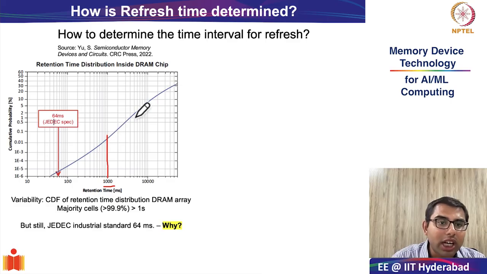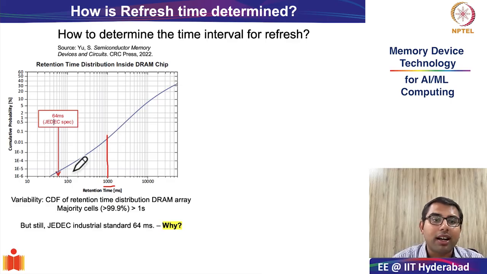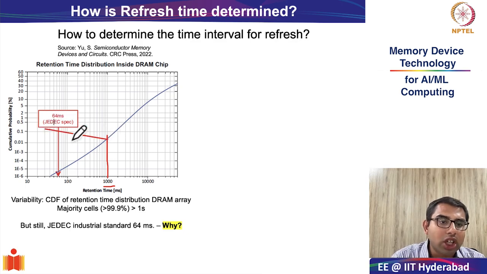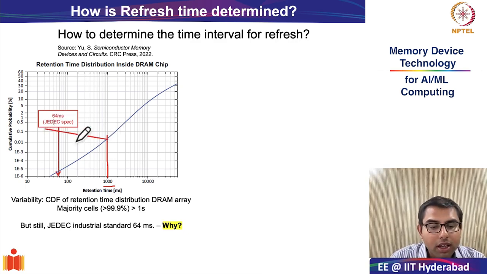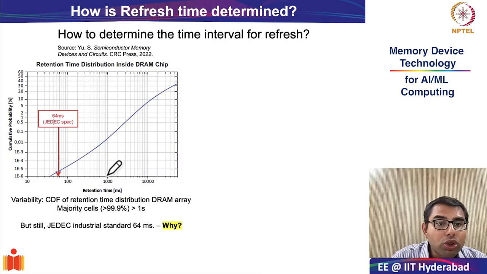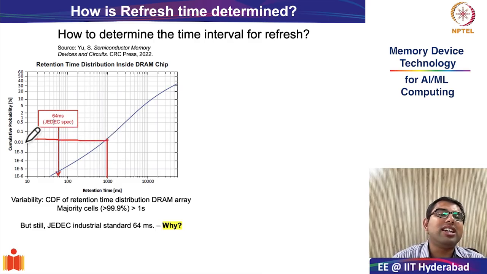This blue line is the cumulative probability percentage measurement, and we see the value on the y-axis wherever it intersects. From 1 second or 1000 milliseconds, the value is roughly 0.01.